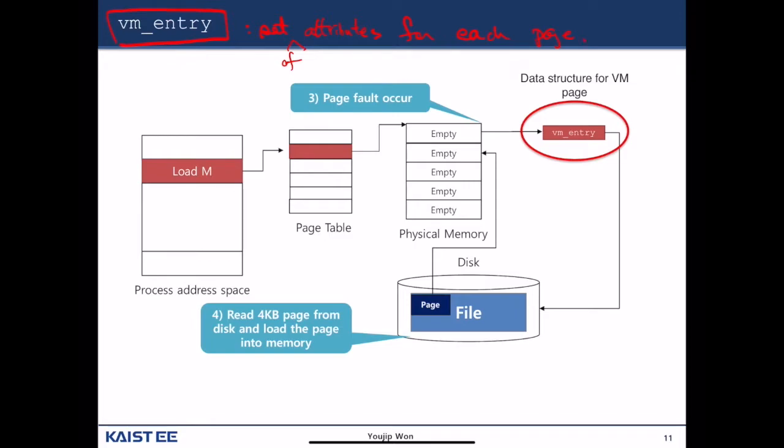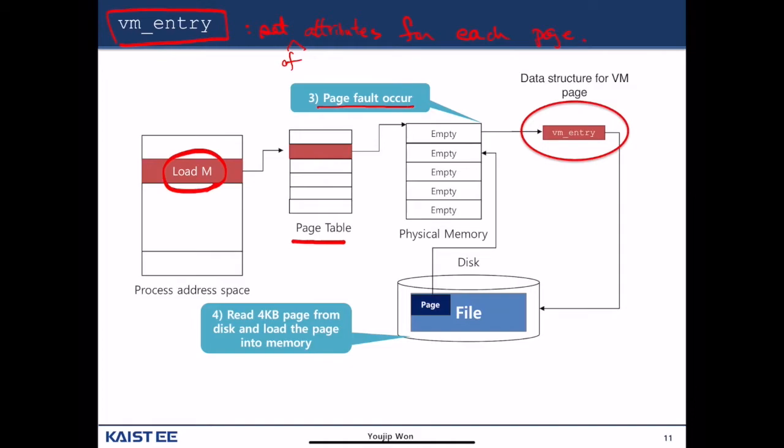So when a program tries to access a certain part of memory, we first have to consult the page table, and assume that it finds that the given page is not in memory. In that case, a page fault occurs.